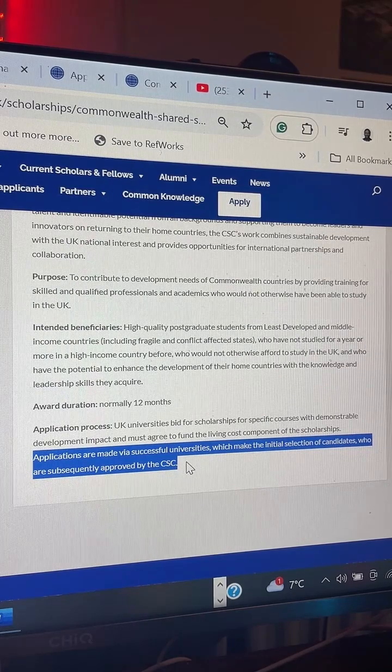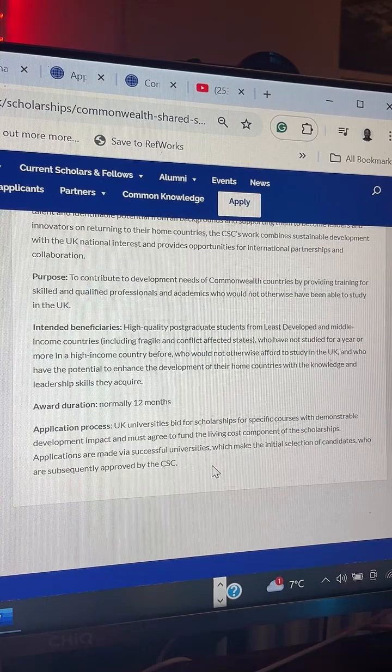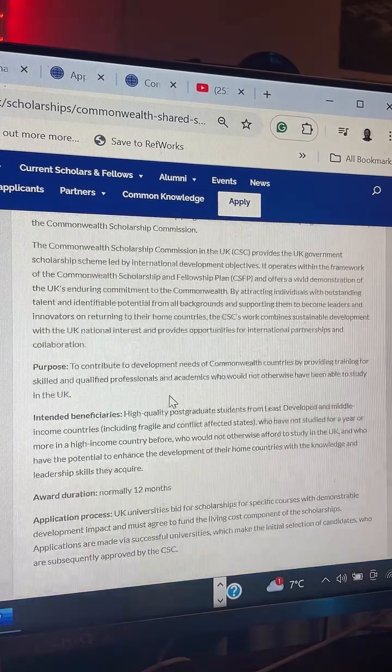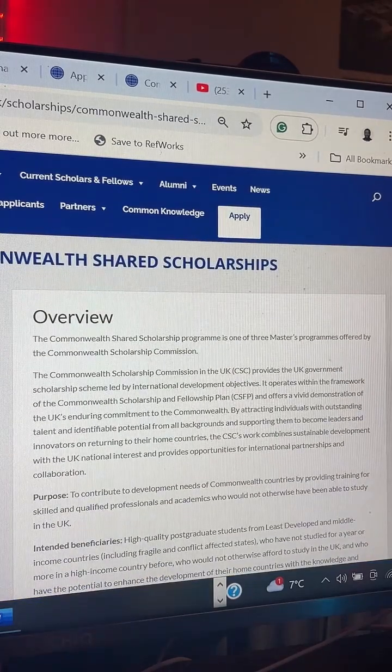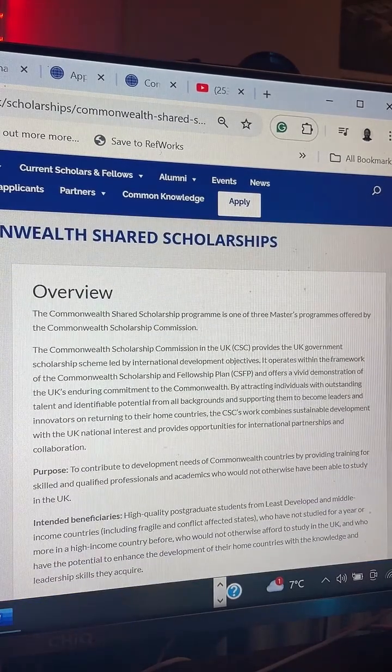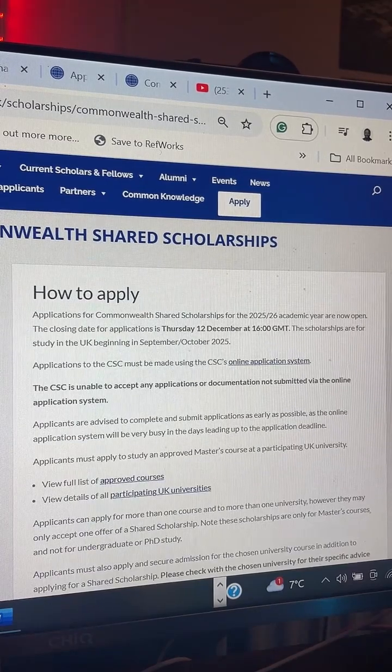So if you are wondering how you're going to be selected for the scholarship, the universities you are applying to for admission will look at your grades and your application, and they will put your name forward to the Commonwealth Shared Scholarship, explaining that they've looked at your grades and your scholarship application and want to consider you for the scholarship. So the Commonwealth Shared Scholarship should give you the scholarship.